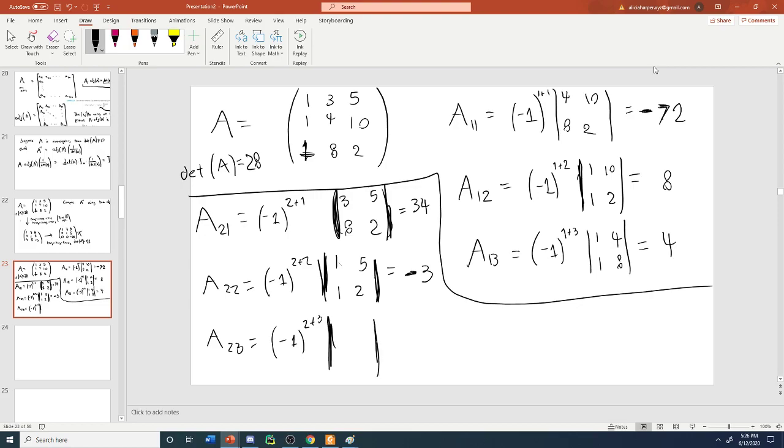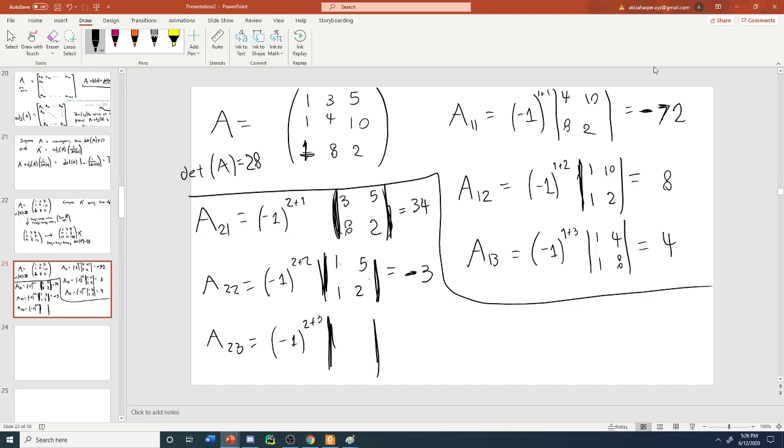And then here I'm getting rid of the second row and the third column. So what I do here is I put, hold on, my mind is starting to blank.